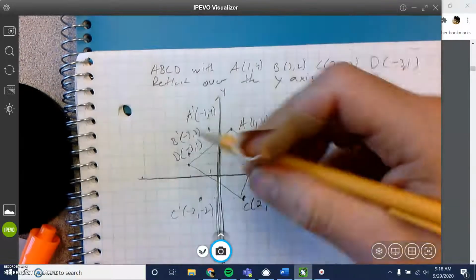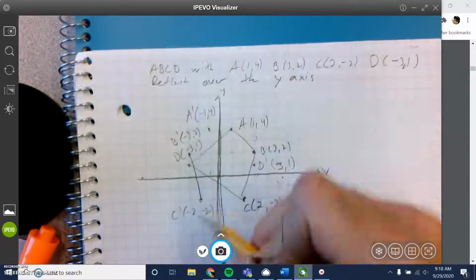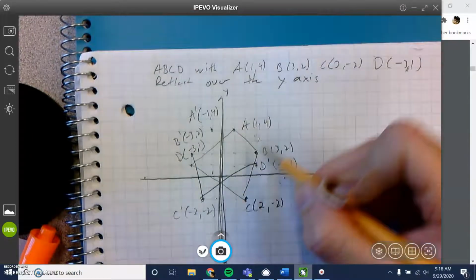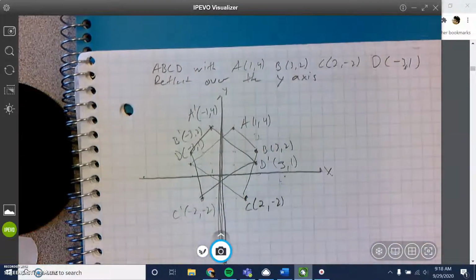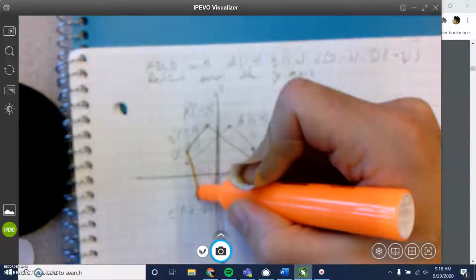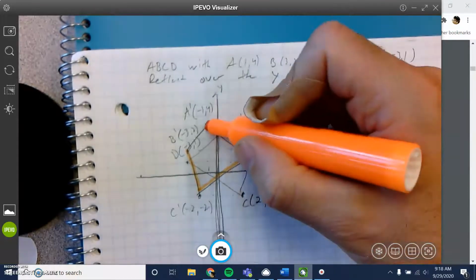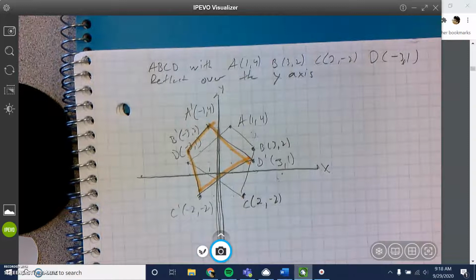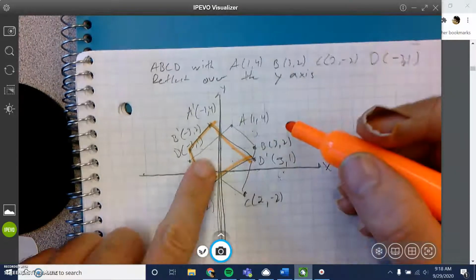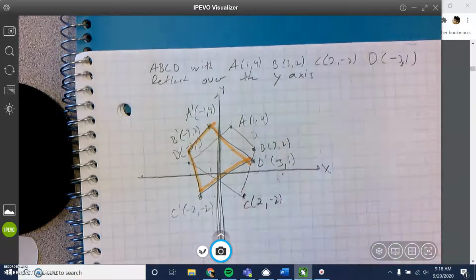All right. Let's connect the dots. Highlight it so I can see the difference. Sometimes it gets a little crazy, a little crowded. There you go. And therefore it is reflected. So this part and this part, this part and this part. Cool, looks good.